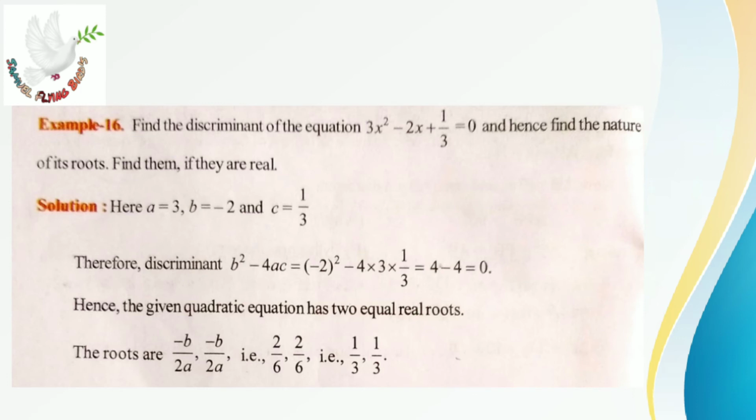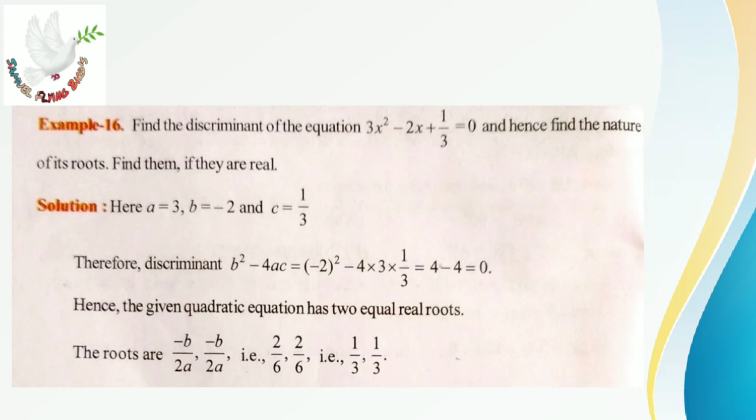The discriminant formula is given as b square minus 4ac. We substitute all the given values in the formula: minus 2 square minus 4 into 3 into 1 by 3 equal to 4 minus 4 equal to 0. Here b square minus 4ac is equal to 0.